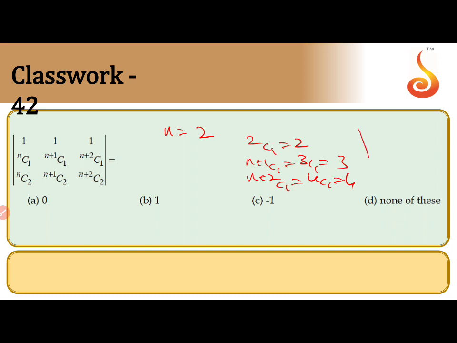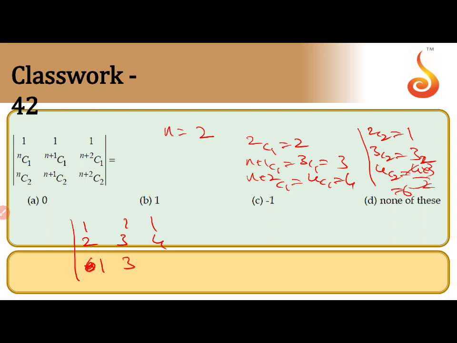Next, 2c2 is 1, 3c2 is 3, and 4c2 is 4 into 3 by 2, that gives 6. So you got all the values and can substitute in the determinant. First row 1, 1, 1. Second row 2c1 is 2, 3c1 is 3, 4c1 is 4. Next 2c2 is 1.